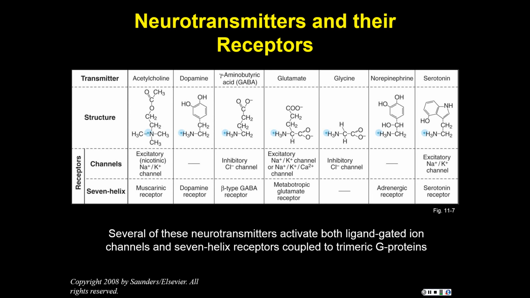If you see on there, for example, dopamine has a dash under the channels section, so it tells us that dopamine only activates second messenger systems. Contrasting that to glycine, it does not activate second messenger systems, but it does open chloride ion channels, and you can see that it has an inhibitory effect by letting chloride ion flow in. Okay, so that's how we're going to read this table.